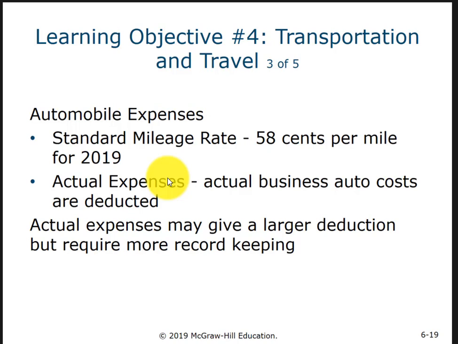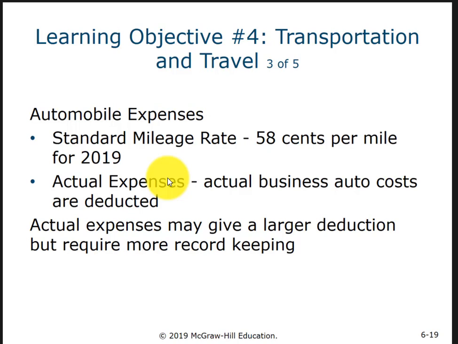Really depends on how good a gas mileage your car gets. If you are driving a Prius, then the standard mileage rate is going to be way more than your actual costs, unless you have a big repair or something like that. But if you're driving a Suburban, then your actual cost could be significantly more than 58 cents per mile, especially when you consider depreciation.